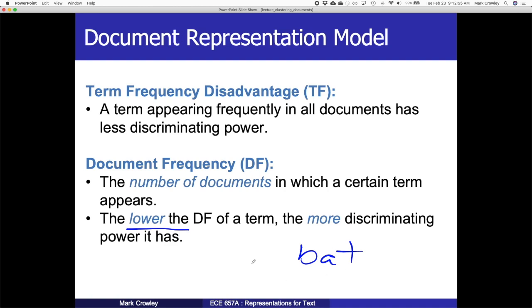So you could split all the sports articles into the ones that have bats and the ones that don't. Whereas ball would not be very useful, because bat has a lower document frequency in sports articles, but I would assume that ball would have a high document frequency. If that makes sense, people.